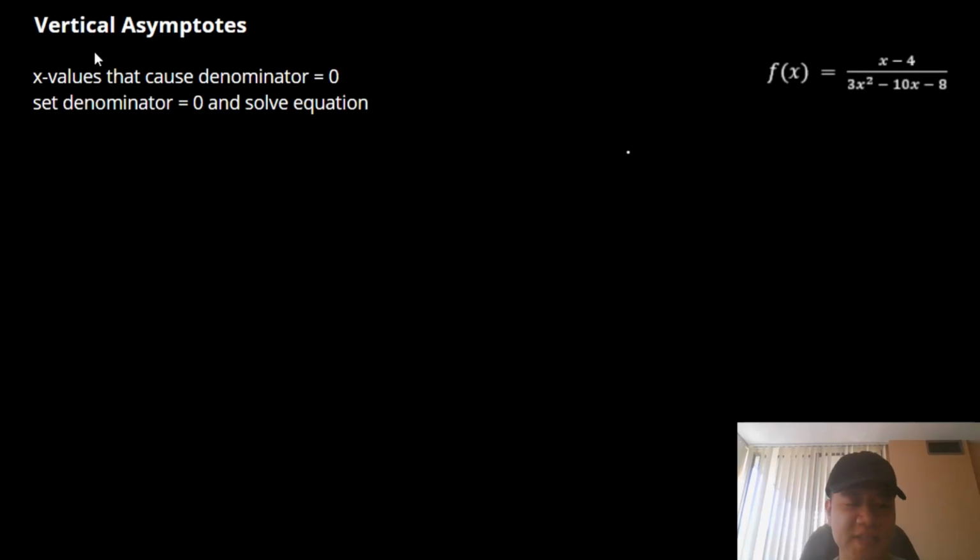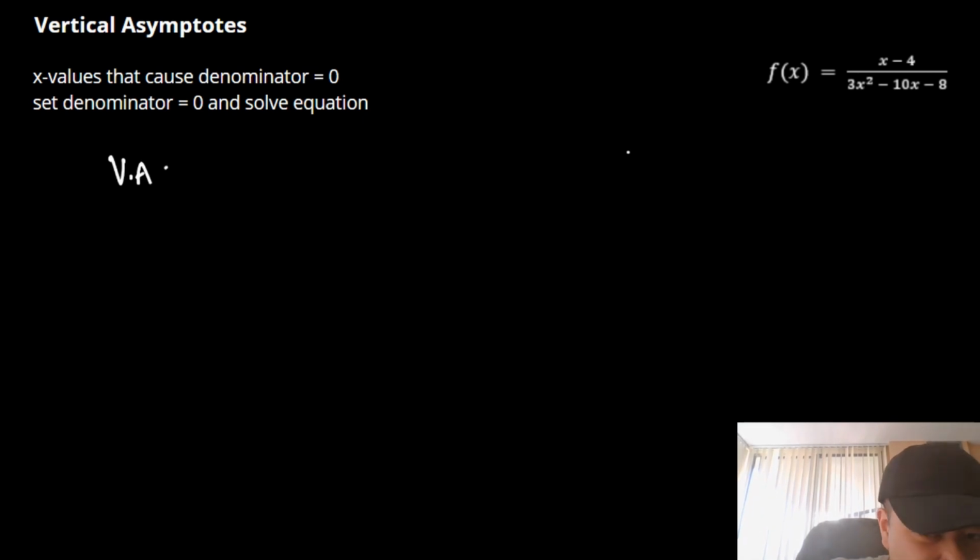In this example, we're going to showcase why you would want to find holes first before you get your vertical asymptotes. Because sometimes it looks like you'll have 2 vertical asymptotes, but instead we're going to get a hole there. And you'll see why. So let's pretend that there are no holes here and get our vertical asymptotes like normal. What we will do is set our denominator equal to 0.